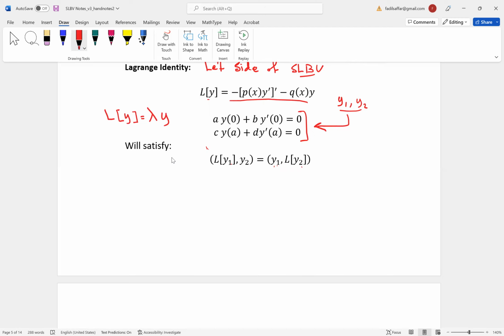So if we assume, for example, that our first function is phi, let's use the blue, let's call it phi n, and the second function is phi m, and we have the inner product between these two functions, the Lagrange identity says that we have phi n and here we have the L of phi m.